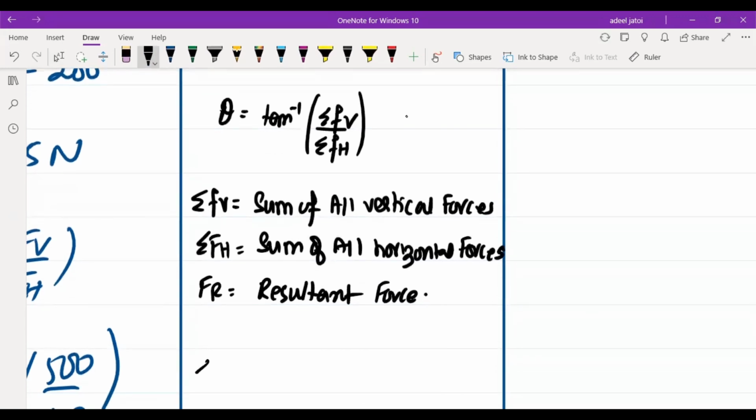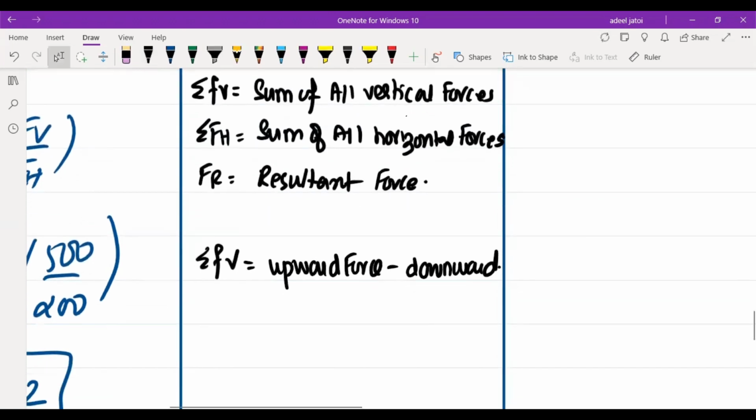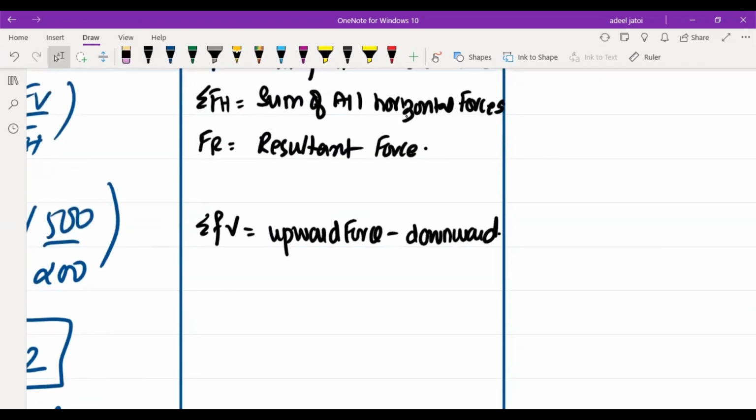So if we want to take out summation of FV, this would be upward force minus downward force. The force will always stay positive even if the answer is negative, because it will just show the direction. Whereas this should be right minus left. Even if it is negative, we'll consider it as positive, but it will move the forces towards right or left.